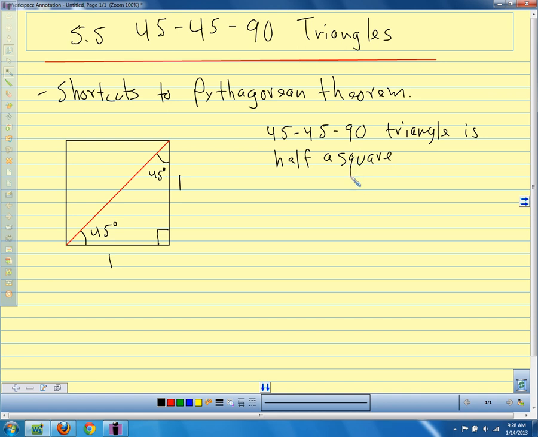So that's part of the reason, or that is the reason, that the rules work out the way they do. So this triangle, this half of the square, this one triangle is what we call a 45, 45, 90 triangle.